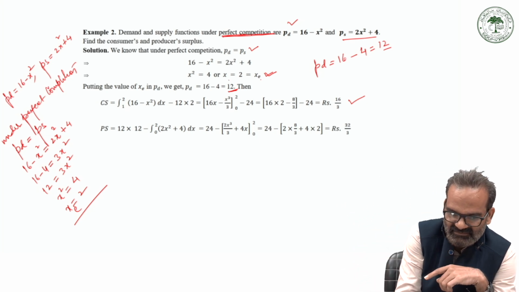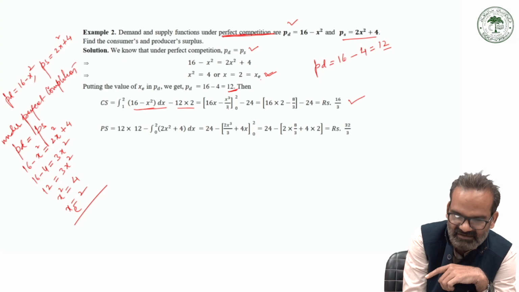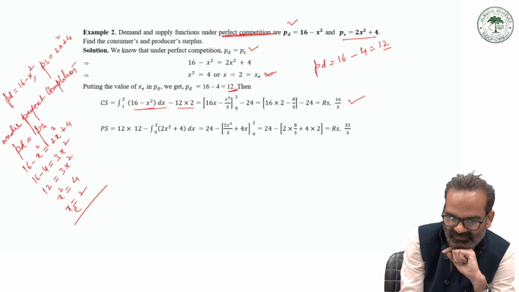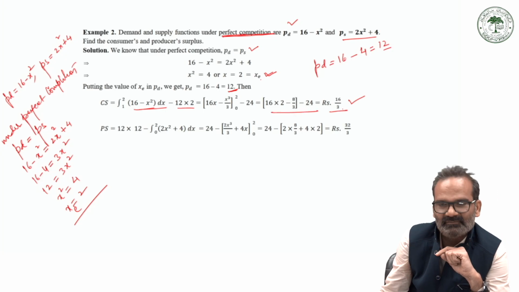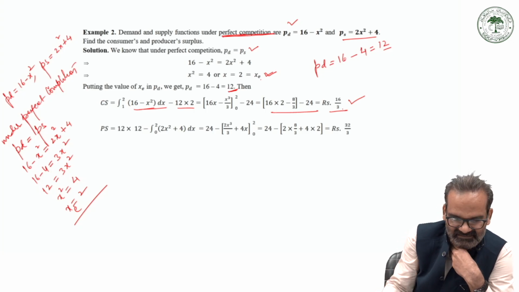The integral from 0 to 2, because the value of x is 2, of PD, 16 minus x square, dx, minus PE into XE, where PE is coming out to be 12 and XE is 2. So the integral of 16 is 16x, minus the integral of x square, which is x cubed by 3, integrated from 0 to 2. Substitute 16 into 2, that is this, minus 2 into 2 into 2, 8 by 3. Simplify it, you will get 16 by 3. Rupees 16 by 3 as consumer surplus.